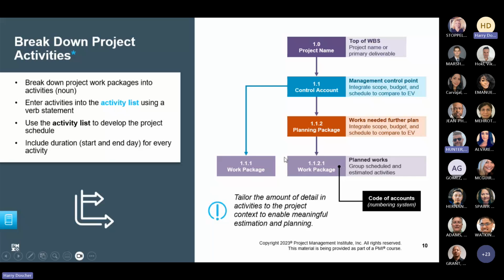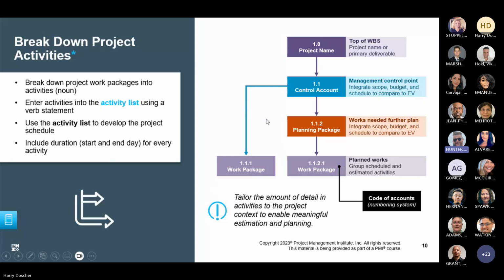Did you see here? The project is at the highest level. Then you have what's known as a control account, which puts everything together so that you're able to give management the information that they need or think they need at any time.